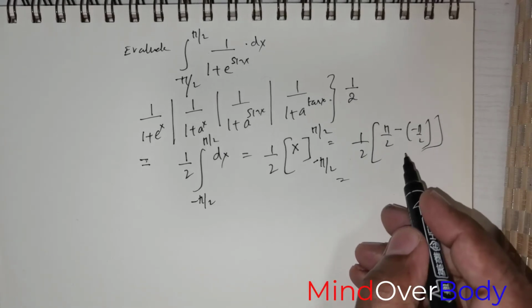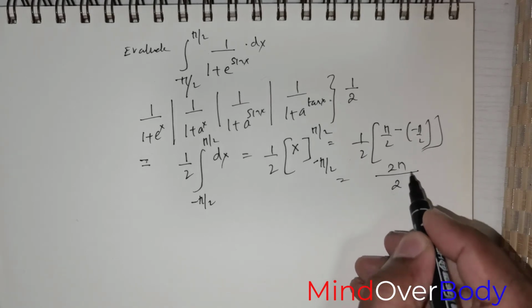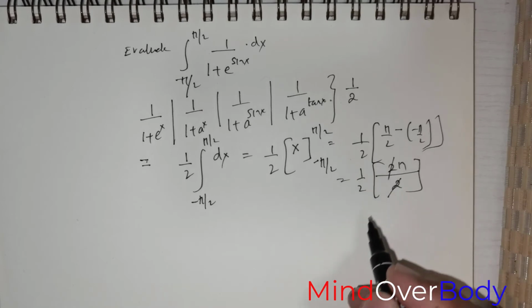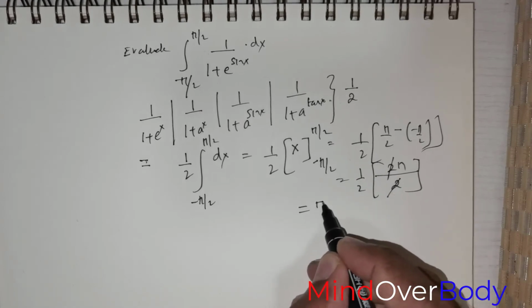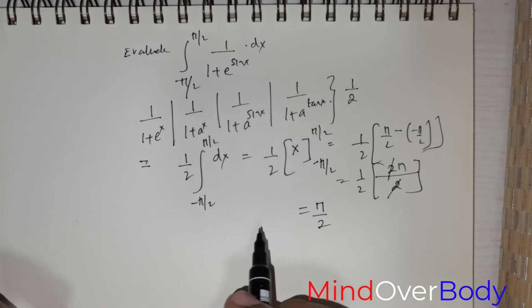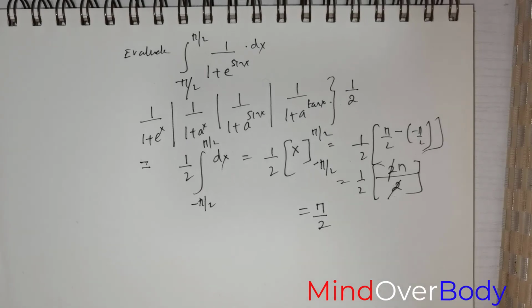The LCM will be 2, and I will get a 2 pi there, and that's going to be 1 over 2. So 2 over 2 can be cancelled, and that would give me pi over 2. So this is the solution. Now you can actually verify this by the technique which I've just shown you in the previous question.